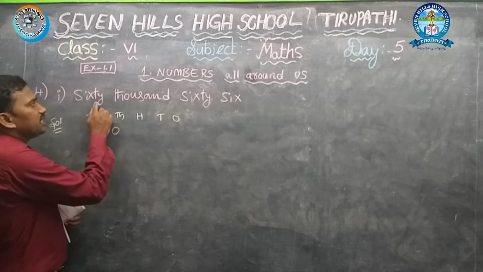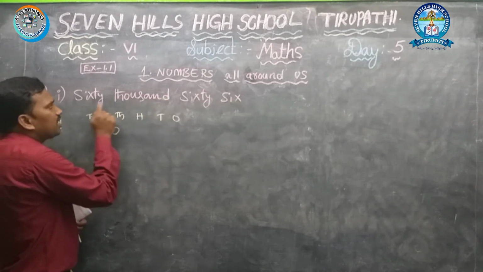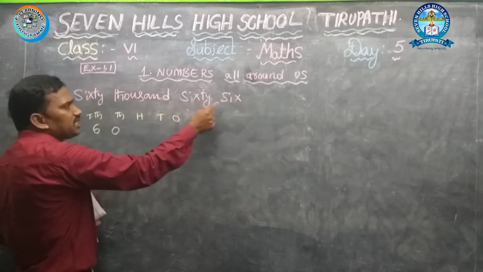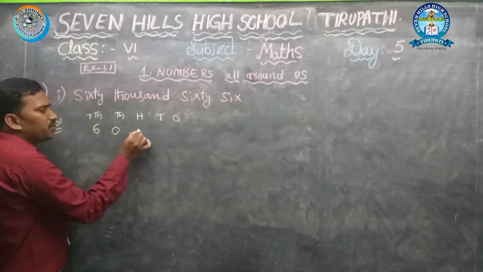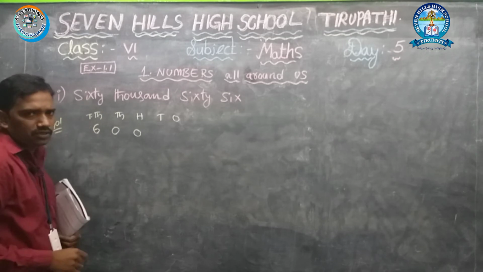After that, in the number name, is there any hundred? 60,000, 66. There are no hundreds, so we keep 0 in the hundreds place also.